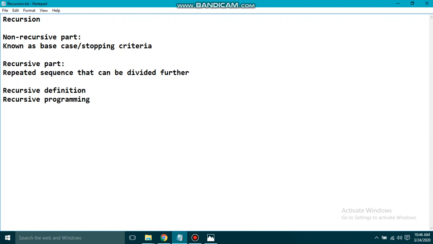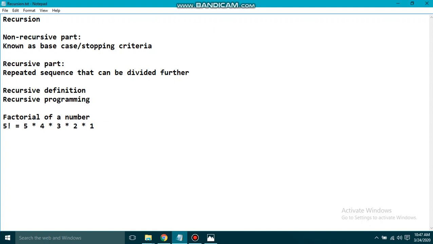Let's take a look at an example of a recursive problem. Everyone knows what the factorial of a number is, right? So how is it defined? For example, 5 factorial is defined as 5 into 4 into 3 into 2 into 1, right?